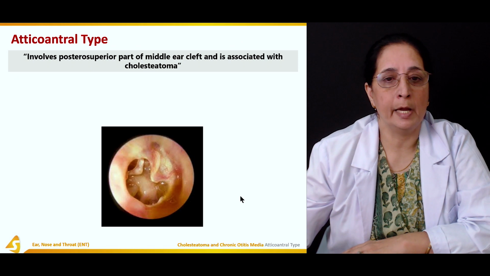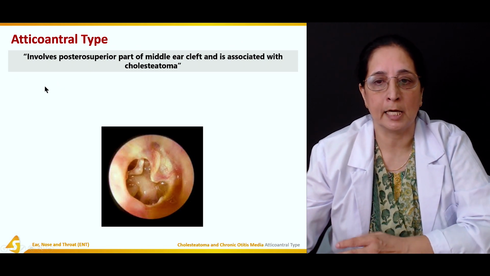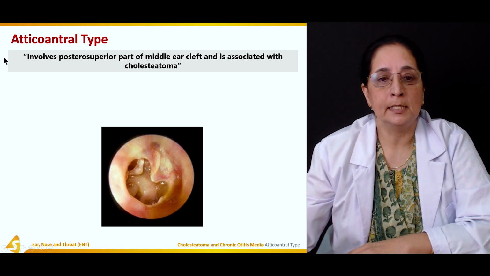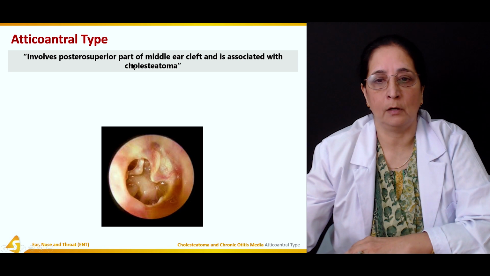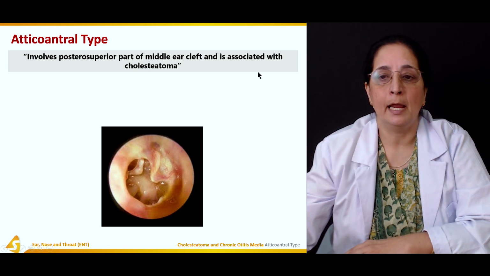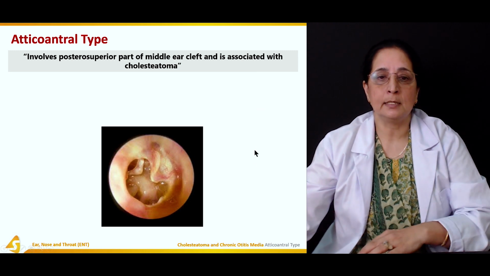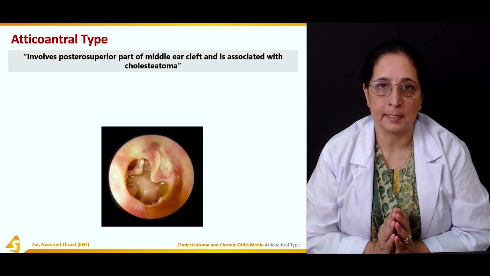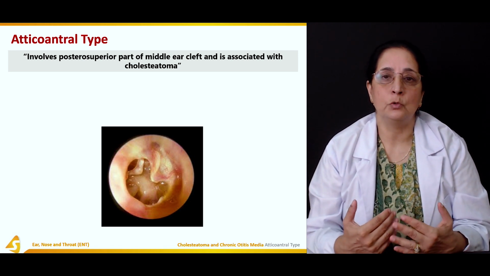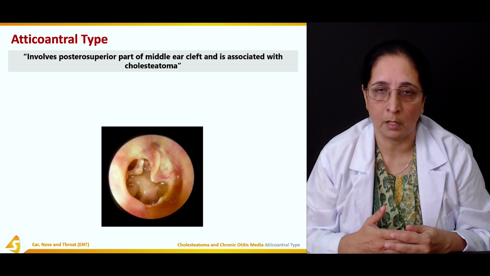So, Atticoantral type of chronic otitis media involves the postero-superior part of the middle ear cleft and is associated with cholesteatoma. In this type, cholesteatomas are present, as compared to the tubotympanic type, in which cholesteatomas are not present.